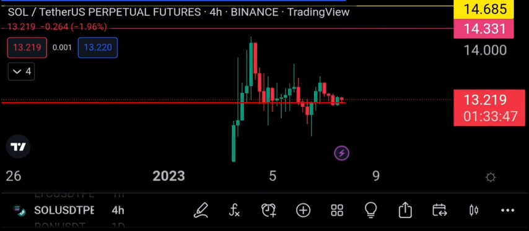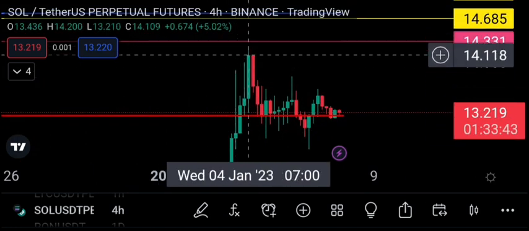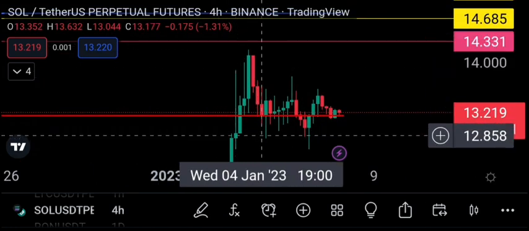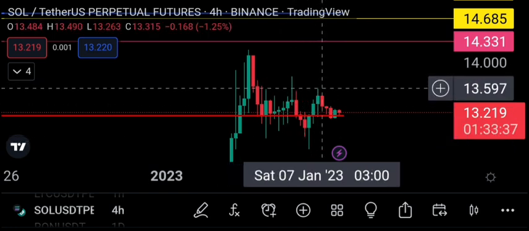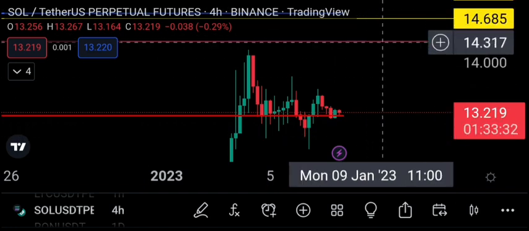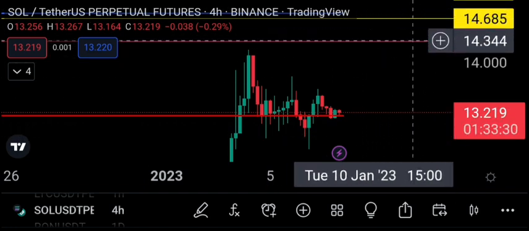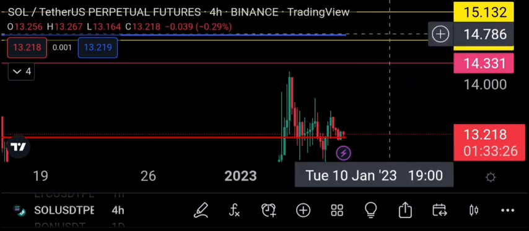We exploded upwards, okay, and then we pull back in the channel in an A, B if it's a triangle, a C, a D, possibly we'll get an E touch, then we explode upwards to complete that 5th wave. That 5th wave, as I mentioned, my target, we need to get above the 14.9, I believe.